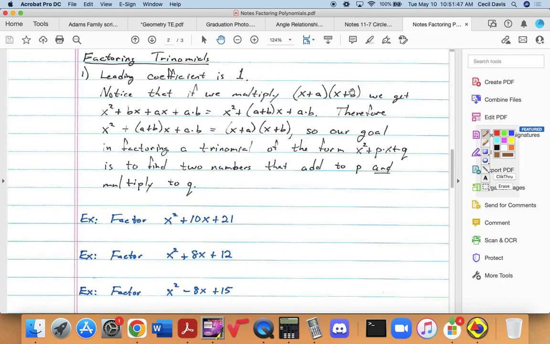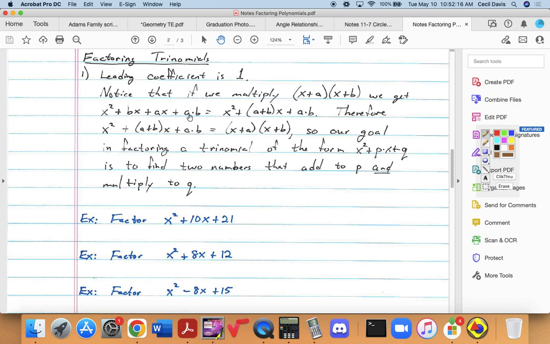Factoring trinomials. We've done some of these this year. We've always done ones where the leading coefficient was 1, where there's no number written in front of the x squared. You just have 1x squared. Notice that if we multiply x plus a times x plus b, we get x squared plus bx plus ax plus a times b.